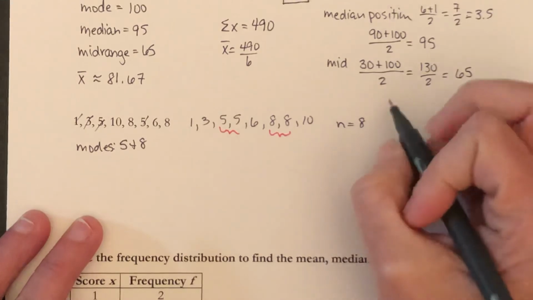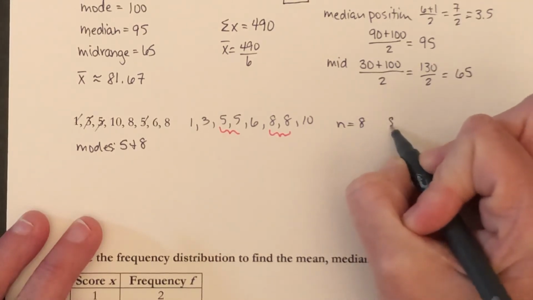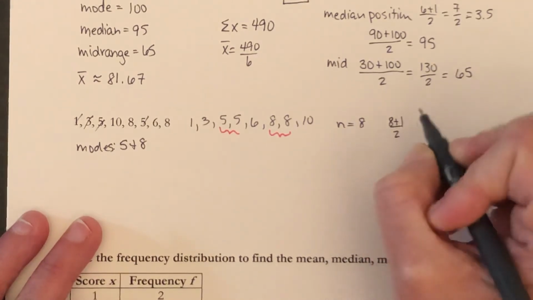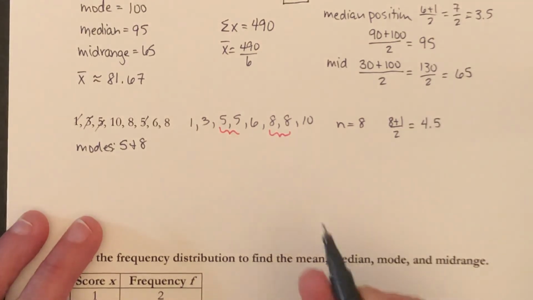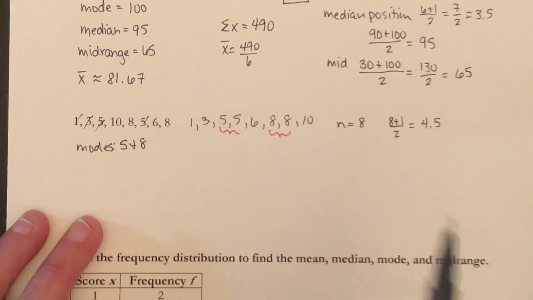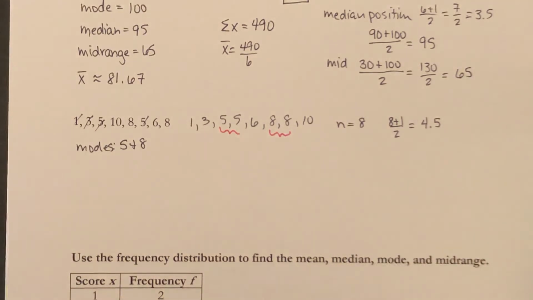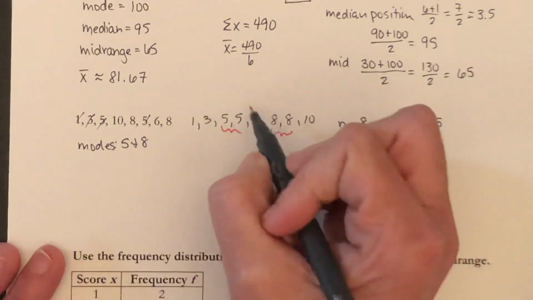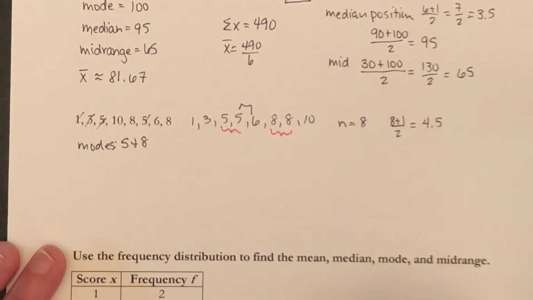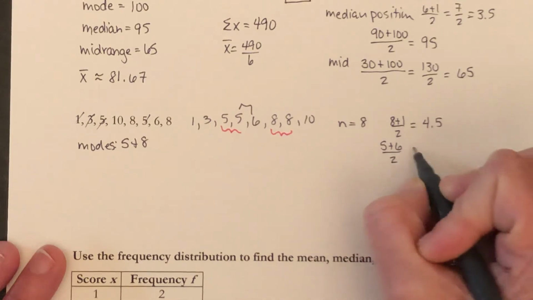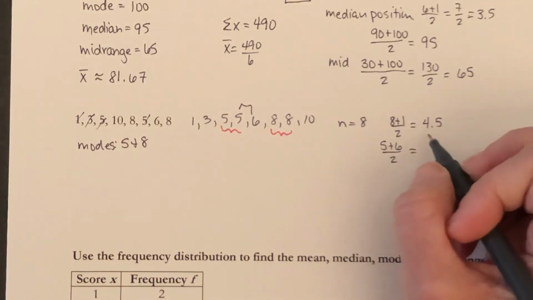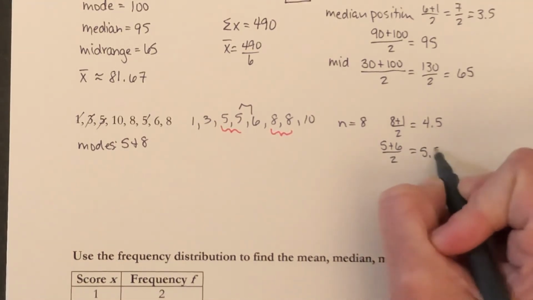Now to find the median position, I would do 8 plus 1 over 2. 9 divided by 2 would be 4.5. So I need to average the 4th and the 5th spots, which are those two numbers. So that would be 5 plus 6 over 2. 11 divided by 2 is 5.5.